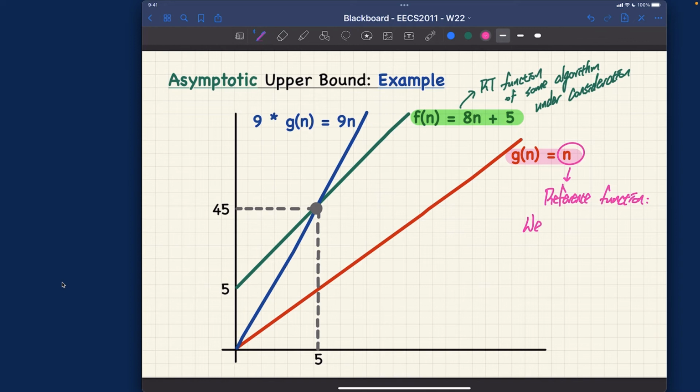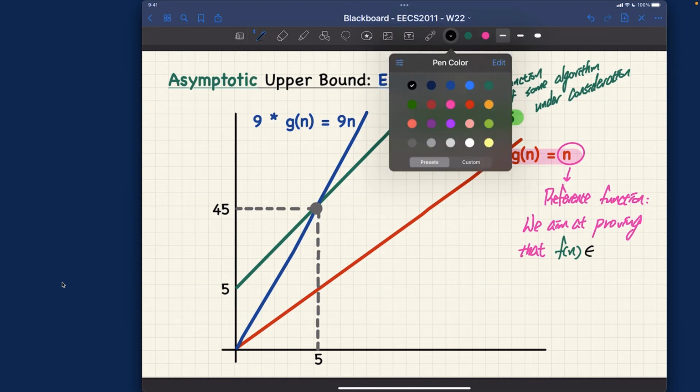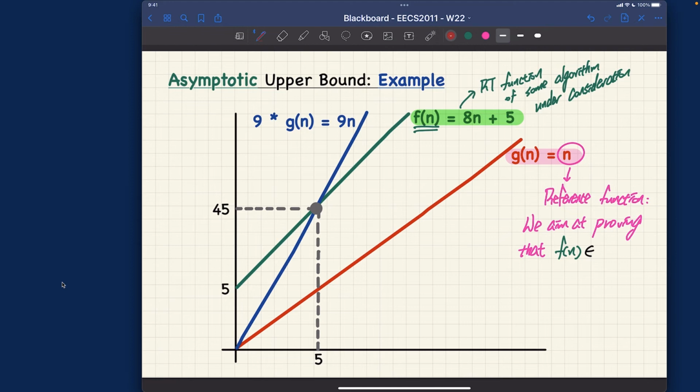We aim at proving that f of n is a member of the big O of g of n.